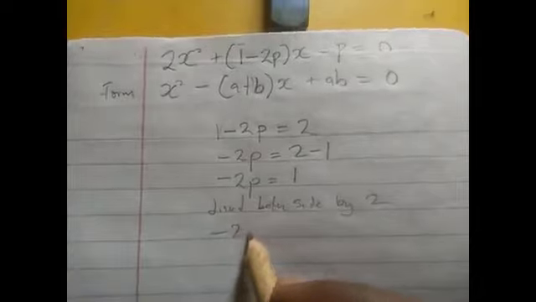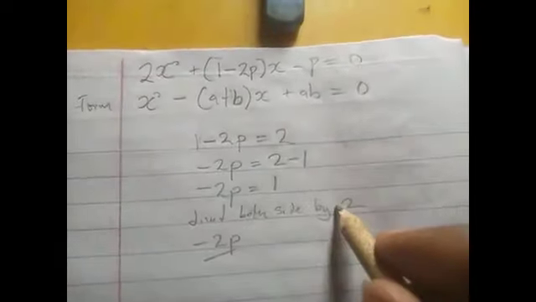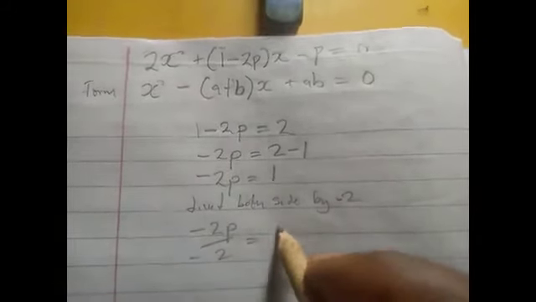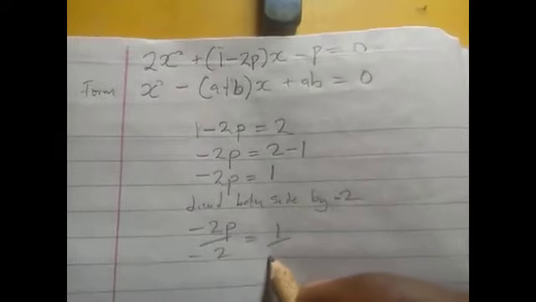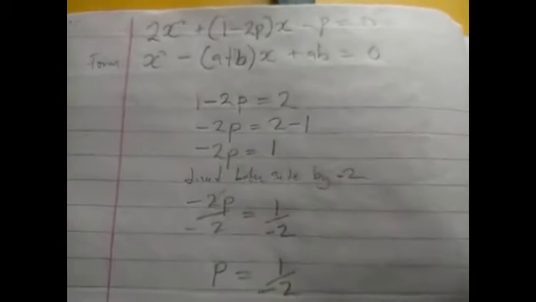So minus 2p divided by minus 2 is equal to 1 divided by minus 2. So minus 2 cancels minus 2. We now have p is equal to 1 over minus 2. So that's the value of p.